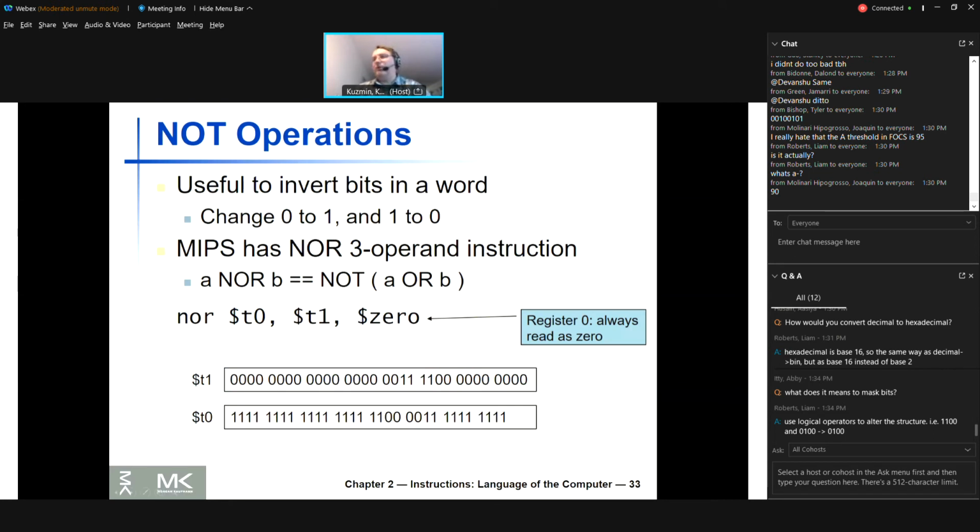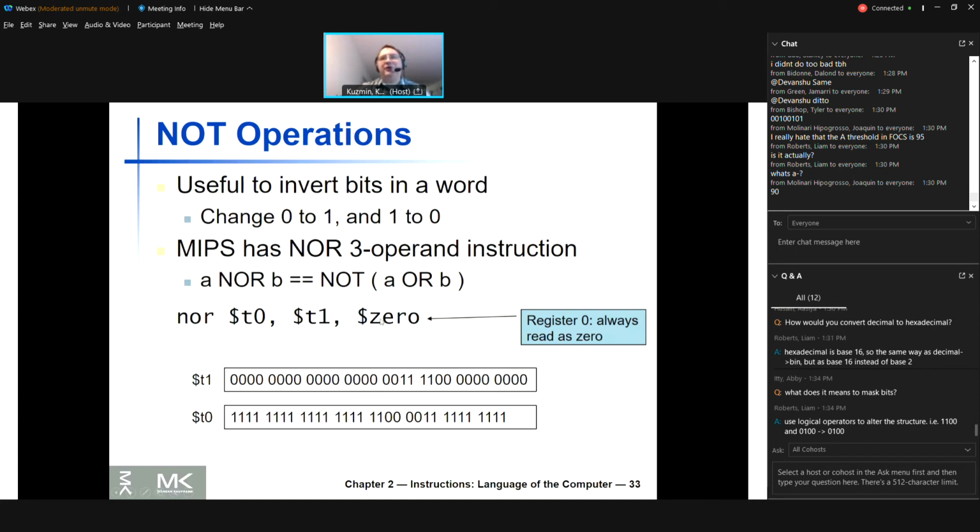All right, NOT operation is just the inversion, changing 0 to 1, 1 to 0. MIPS does not have a dedicated NOT operator, but it has NOR, which is NOT OR. And we can use NOR to emulate NOT, right? Because NOT is a unary operation, it only takes one operand, but we can use NOR with a 0.